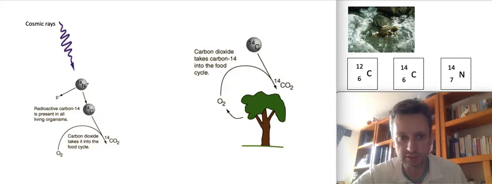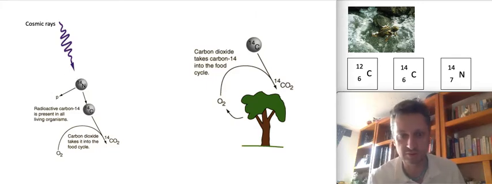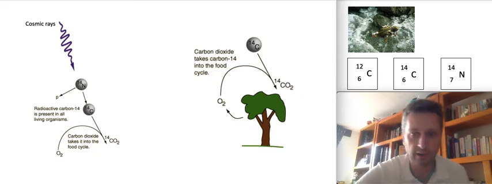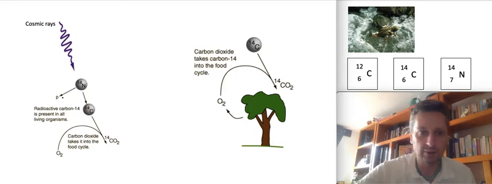Those neutrons hit normal nitrogen in the atmosphere, nitrogen 14, and they have enough energy to kick a proton out of the nitrogen 14.